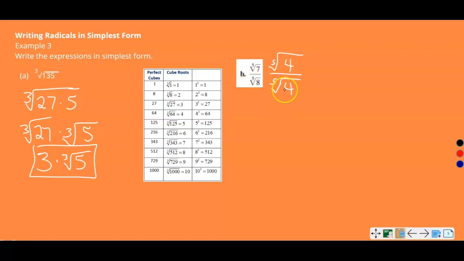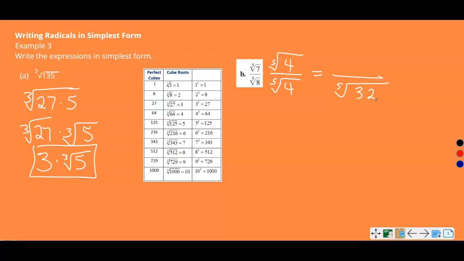All right, so now we have, and start on the bottom because that's where we started here, the 5th root of, and then 8 times 4 is 32. Remember, 32 is 2 to the 5th power, which is what we need here. And then on top, you've got the 5th root of 7 times the 5th root of 4.